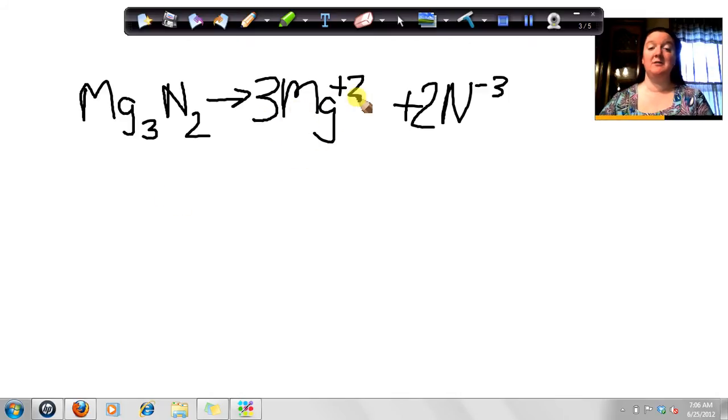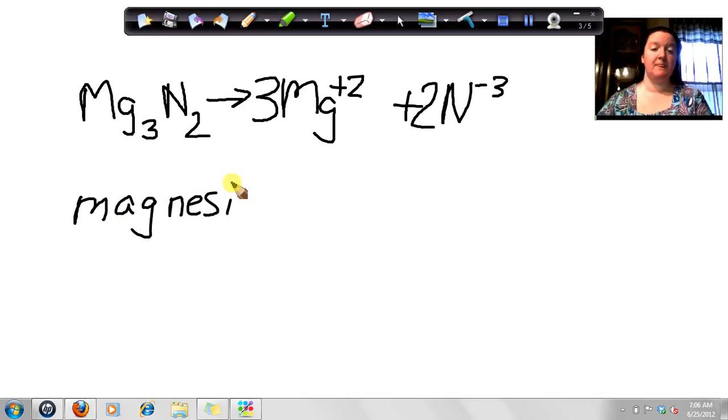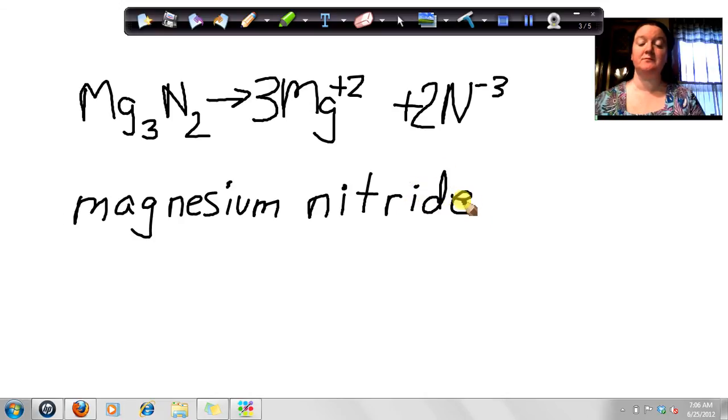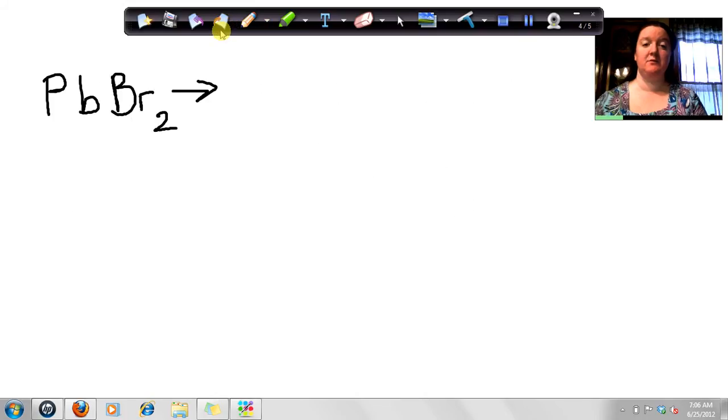So because magnesium only has one possible charge, we're going to write magnesium. But we don't have to have Roman numerals because magnesium only has one possible charge. And then we have nitride, because nitride is the ion that goes with nitrogen. Magnesium nitride.